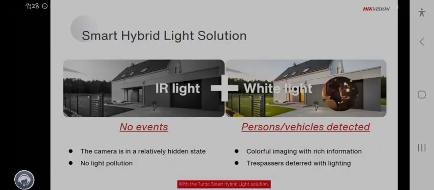With the Turbo Smart Hybrid Light solution we can realize smart supplement switching. When there are no events, the camera is in a relatively hidden state, and there will not be any light pollution. When persons or vehicles are detected, the Smart Hybrid camera can generate colorful imaging with rich information and deter trespassers with lighting.